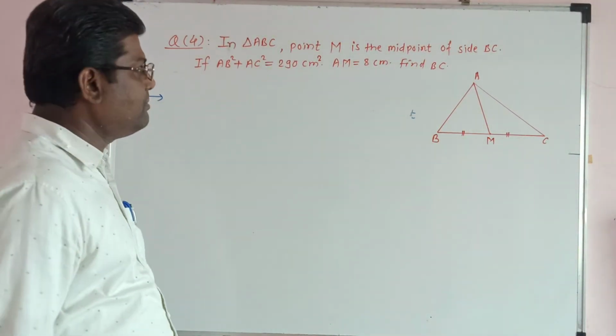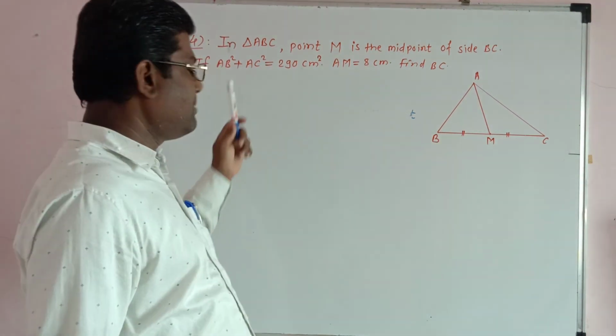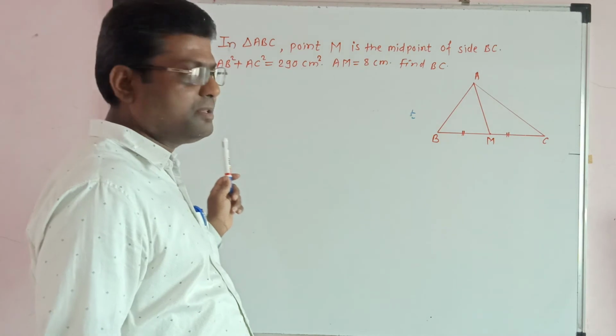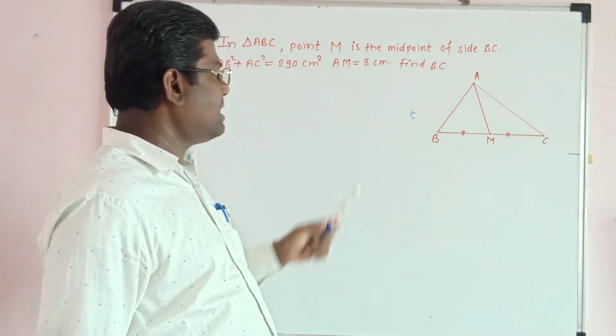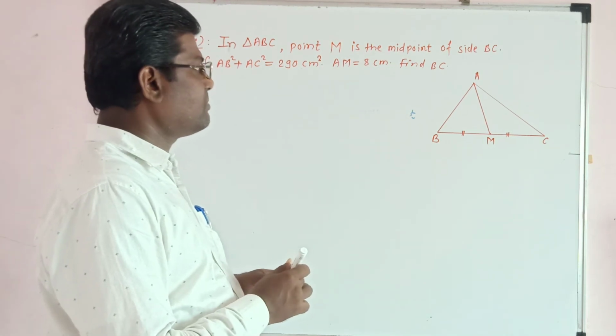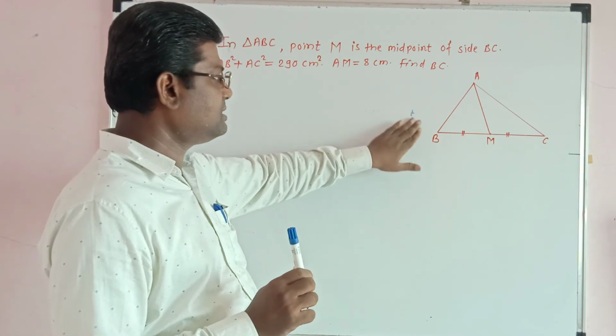In triangle ABC, M is the midpoint of side BC. AB square plus AC square is equal to 290 centimeter square. AM is equal to 8 centimeter. Find BC. So we can apply Apollonius theorem for this triangle.